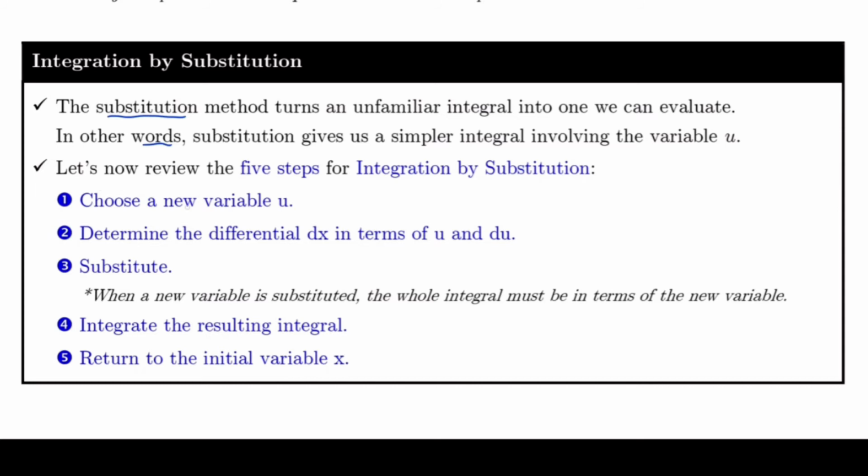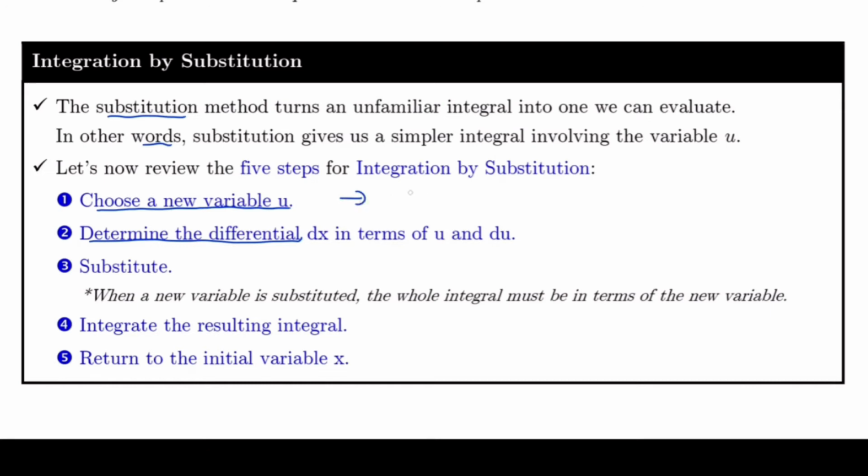And here are a few steps to solve integration by substitution. First, choose a new variable u. We need to choose a suitable variable u. Next, determine the differential dx in terms of u and du.